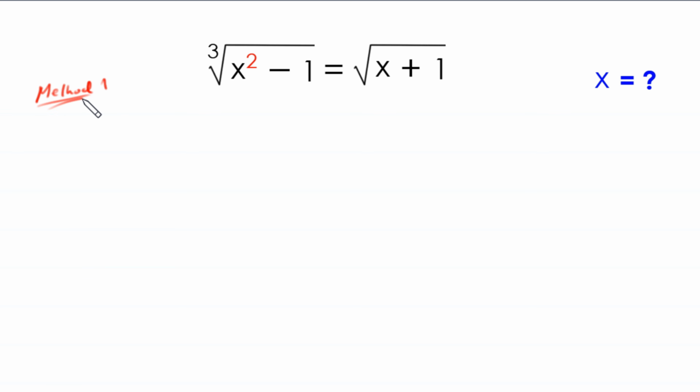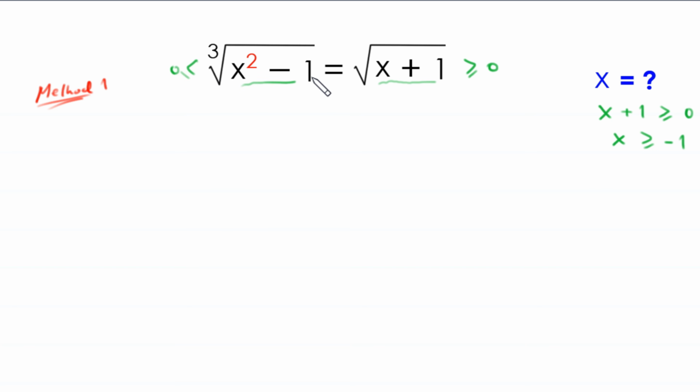First we define the domain of this equation. Since this expression x plus 1 is under square root, x plus 1 must be greater than or equal to 0. This implies that x must be greater than or equal to negative 1. And because this right hand side is greater than or equal to 0, this left hand side must be greater than or equal to 0.